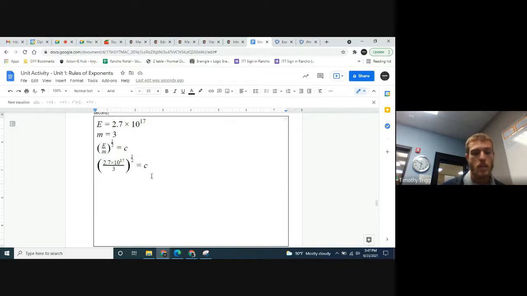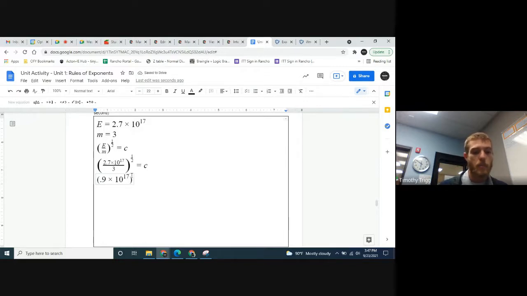So what this will equal, and let's just use our equation editor, it'll be now just 0.9, because I did 2.7 divided by 3, times 10 to the power of 17. Press right. Close parentheses.